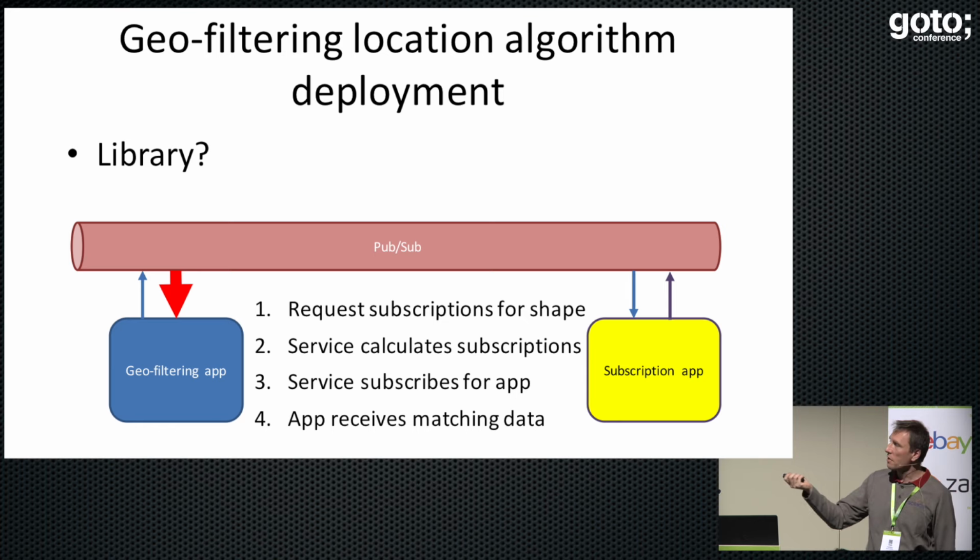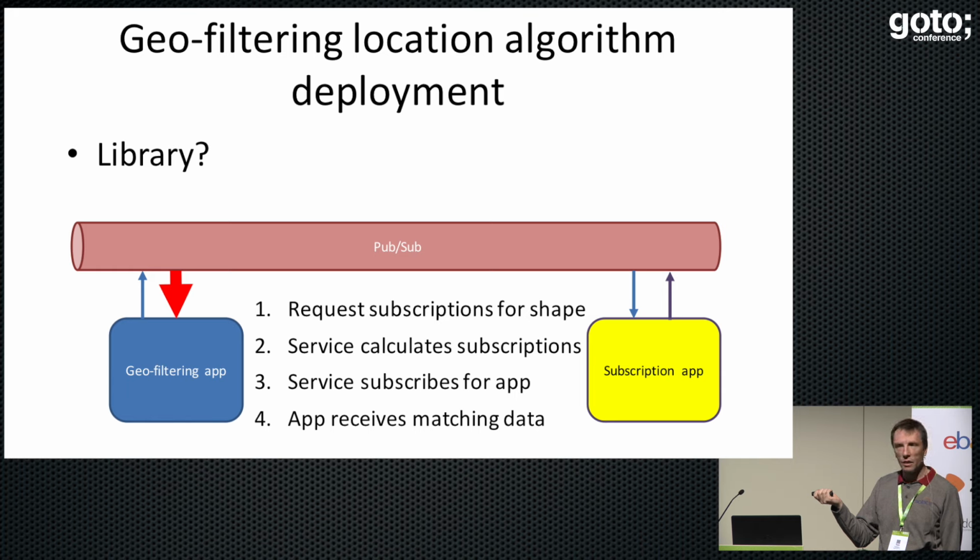So then what happens is, my user comes in and says, I'm interested in the information within a certain area, and tells the subscription app what that area is. Our subscription app generates the subscriptions and applies them on behalf of our user application. So as far as our user application is concerned, all he does is connect, send the area of interest, and all of a sudden he's got live real-time data streamed towards him.